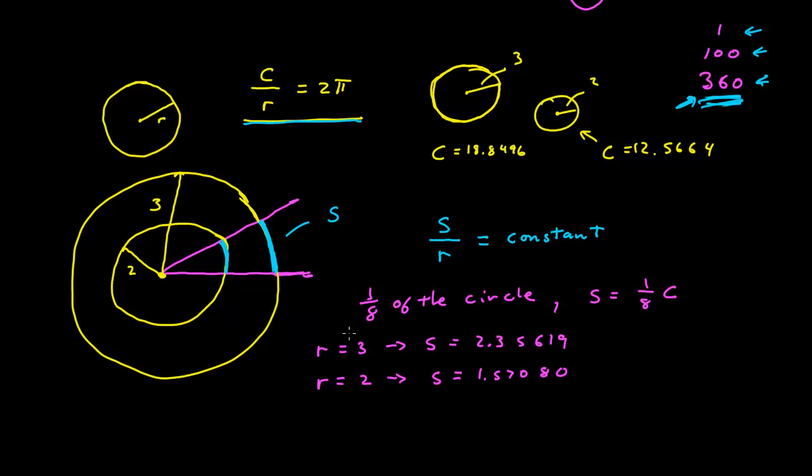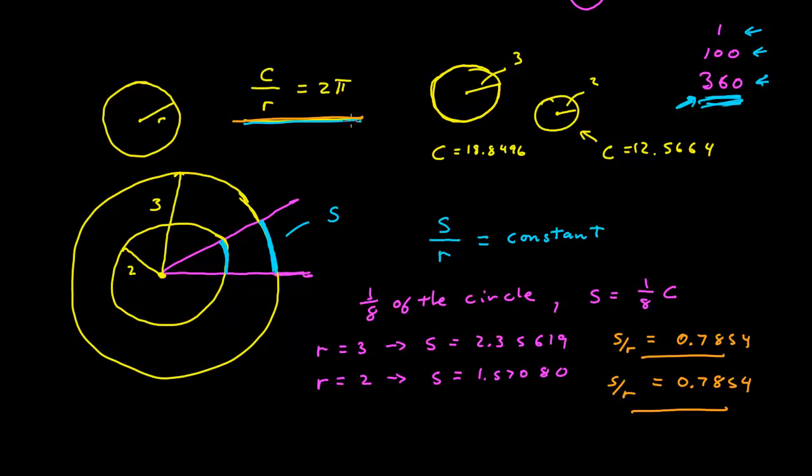Then if I calculate s over r for r equal to 3, it is 0.7854. If I calculate s over r for the other circle, I get exactly the same result.